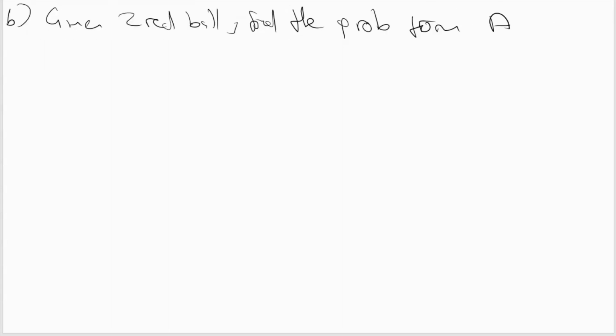Okay, so now what we want to do is write this first of all in the form that it's from A, given that there are 2 red balls picked. All right. And here we know how to write in terms of conditional probability.